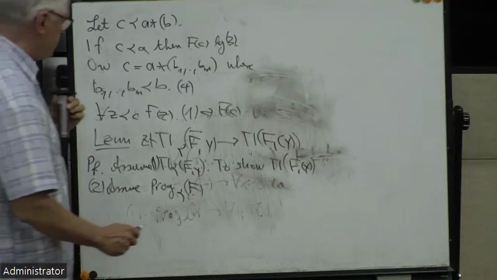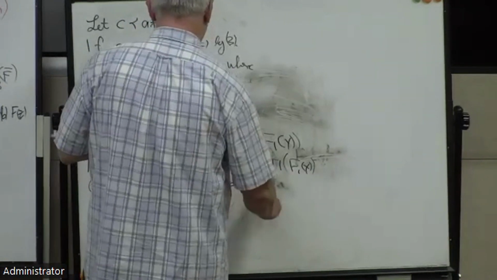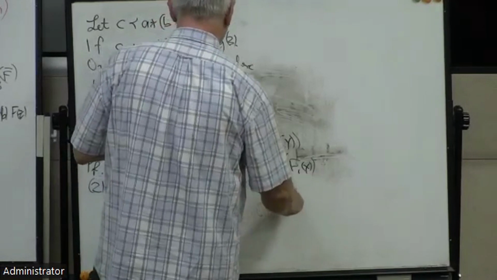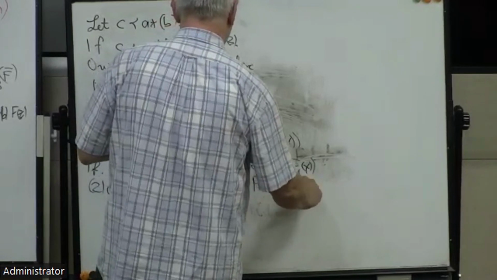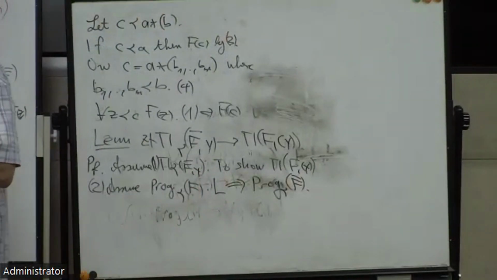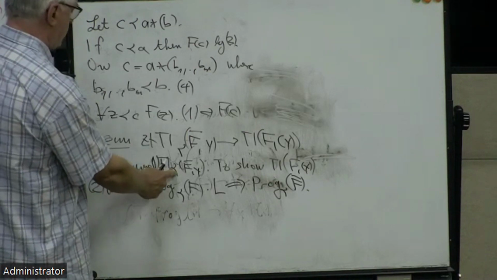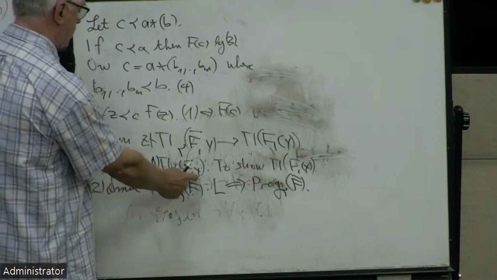Now, with the previous lemma, we can obtain the progressiveness of f bar. Now we have here the transfinite induction for f bar and y is true.